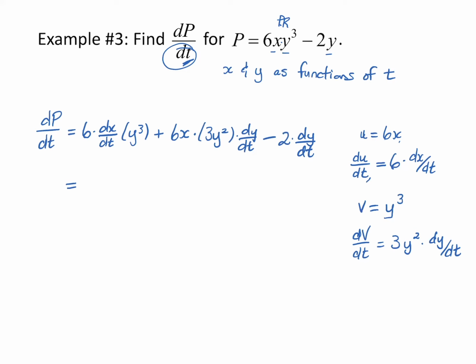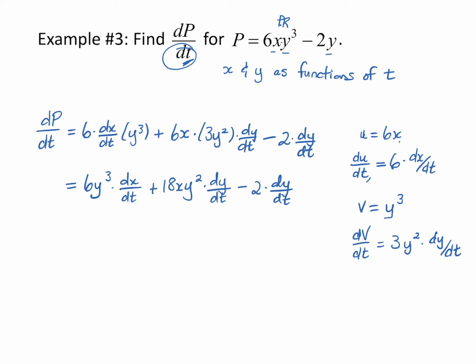So cleaning this up a bit, we get 6y cubed times dx dt plus 18xy squared times dy dt minus 2 times dy dt.